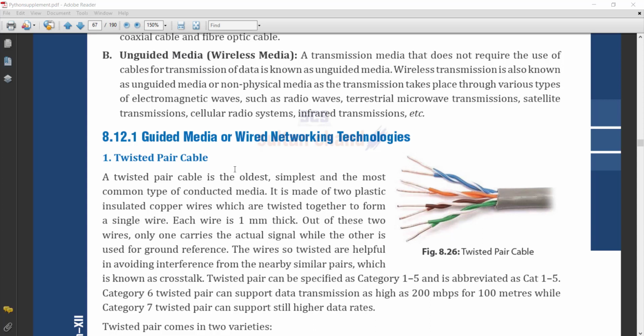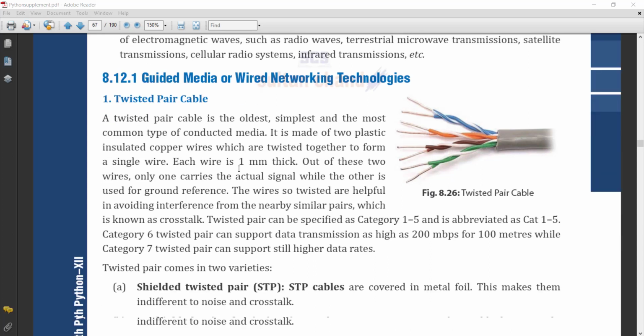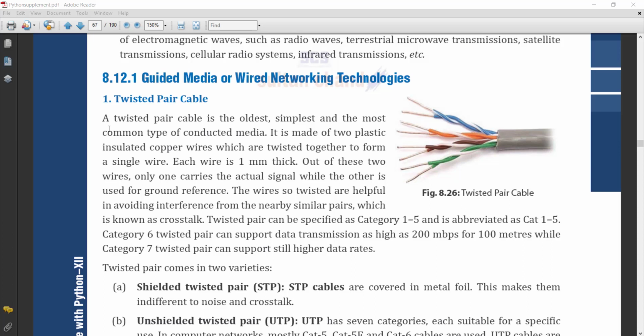So now we are going to understand the twisted pair cable. A twisted pair cable is the oldest, simplest and most common type of conducted media. I think you are able to see this figure. In this figure you are seeing the twisted pair cable.